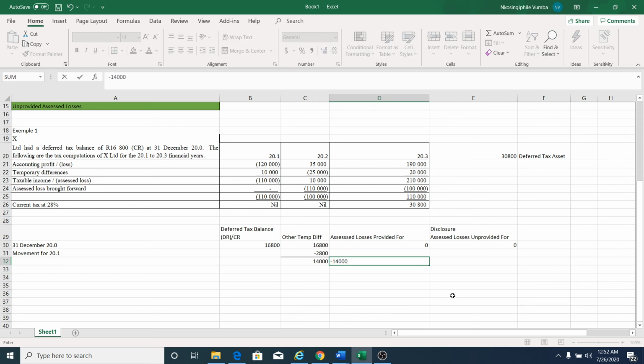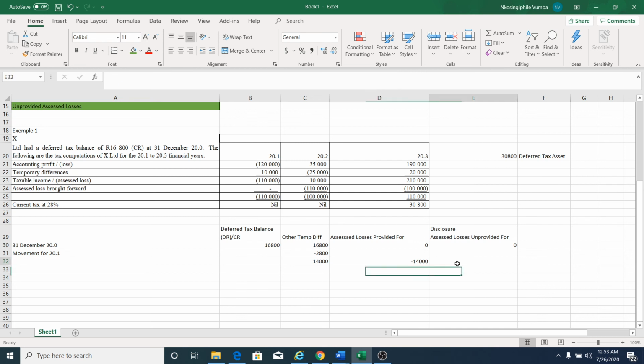Minus 14,000. Obviously it is minus because it is a deferred tax asset. If it is provided, it is a debit to deferred tax asset, and then you credit deferred tax income, hence it is negative. Okay, wonderful.